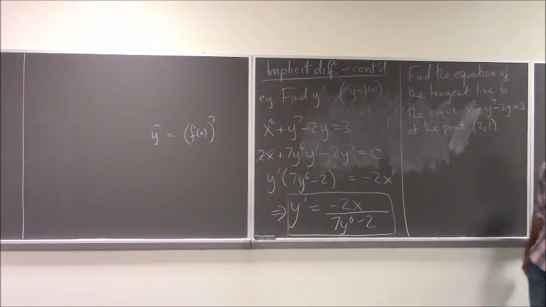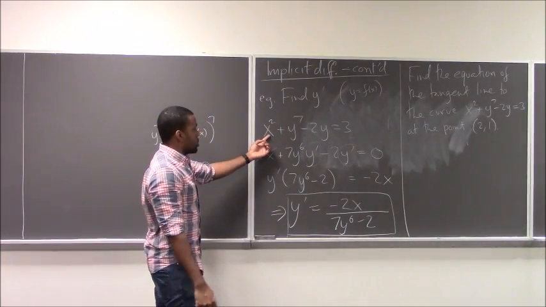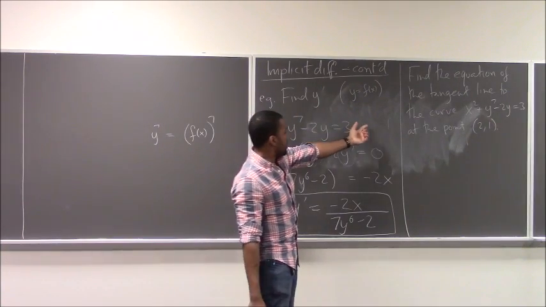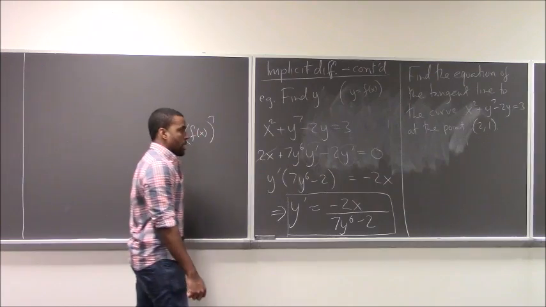You'll notice that (2, 1) is actually on this curve, because if I plug in x equals 2, that'll give me 4. Move 4 to the other side, I get minus 1. If I plug in 1 for y here, that will actually work.